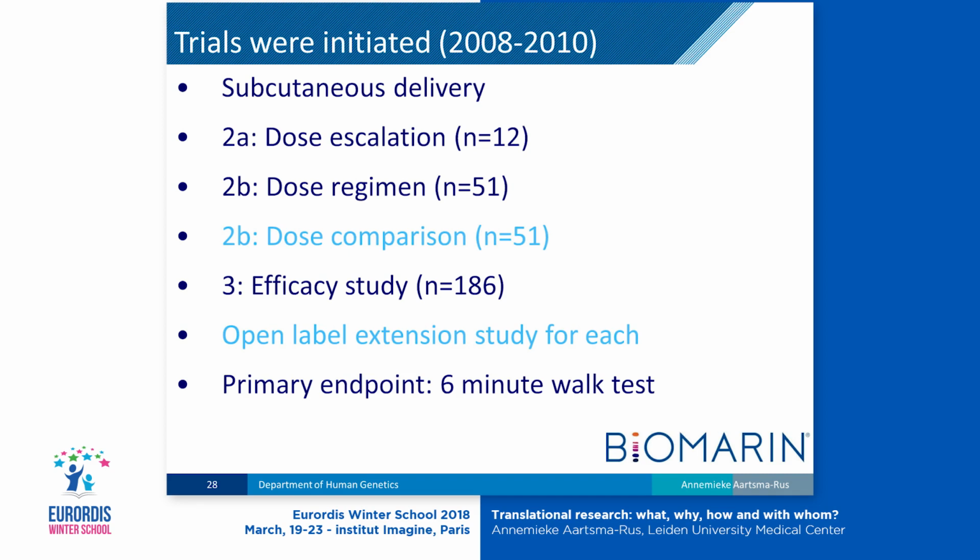In the 6-minute walk test, I mean, we did not have any outcome measure, and the 6-minute walk test had been used before by Pompeii, and was developed for the cardiovascular field. What it is, you have two cones, 25 meters apart, and then you walk for 6 minutes as fast as you can, and then you measure how far patients can walk.